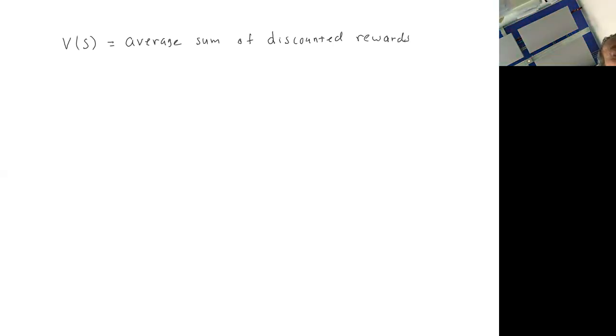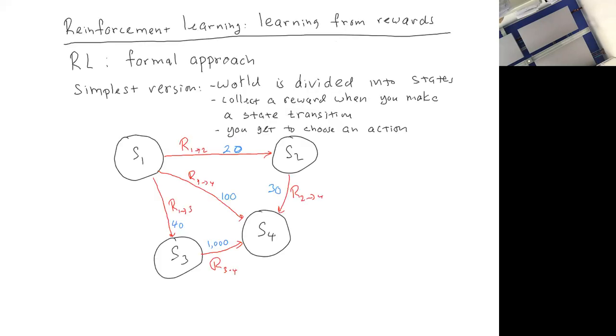And the reason I say average is because here there was a deterministic policy, but given a policy, you don't always have deterministic transitions. So here you got a choice of going to state 2, state 4, or state 3, but it might be a situation where your policy would be, I want to go to state 3 or 4, but when you do that, there's an 80% chance of going this way or 20% chance of going this way.